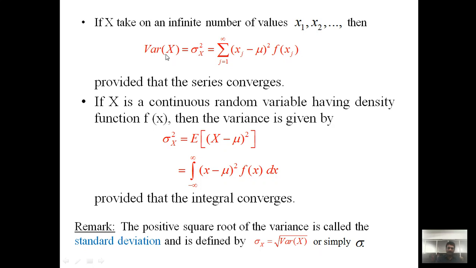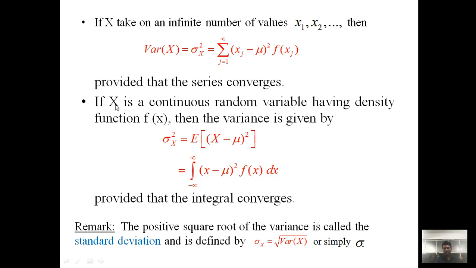Since this is an infinite series, the variance exists provided the series is convergent. So up to this stage we have talked about the discrete random variable, with finite and infinite values.